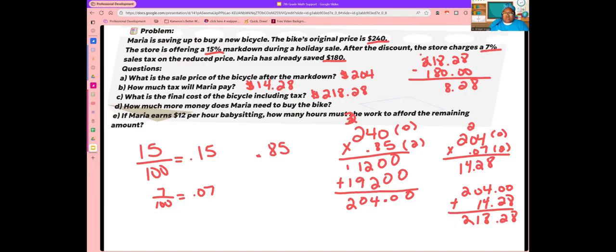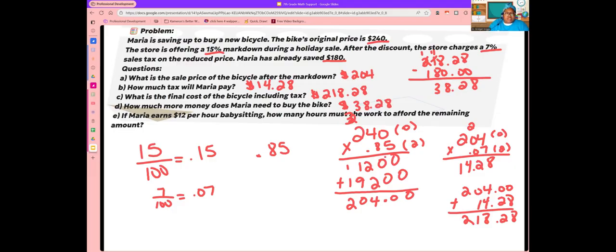We can't do that, so we'll borrow and make that into 11. 11 minus 8 is 3. So she needs $38.28.